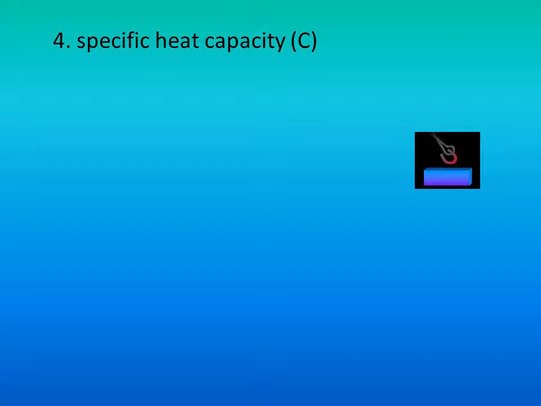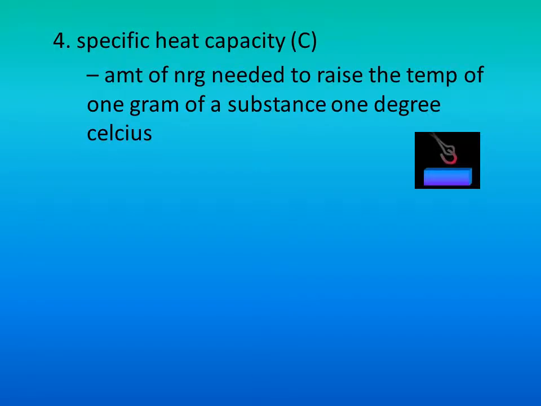So when you're thinking of specific heat capacity, we're going to deal with how much heat a substance can hold. So here's the book definition: the amount of energy needed to raise the temperature of 1 gram of a substance 1 degree Celsius.